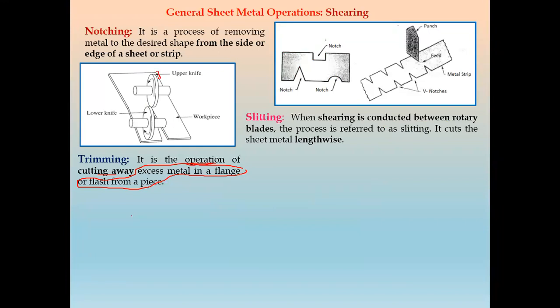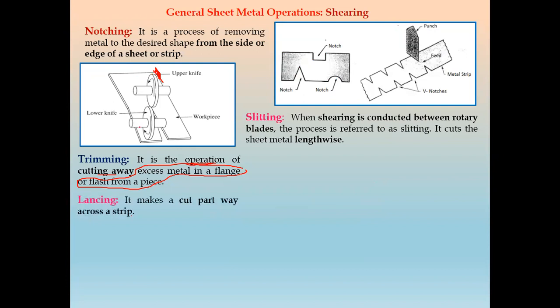Some excess material is there. So we have to trim that material, we have to cut this material. That operation is done by using a trim operation. Okay, so this is trimming. It is the operation of cutting away the excess metal in the flange or flash from the piece.